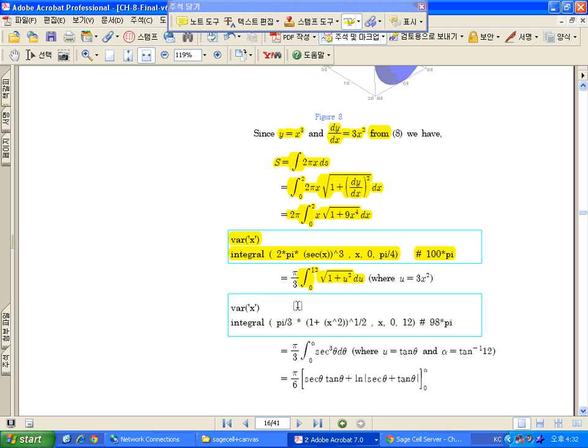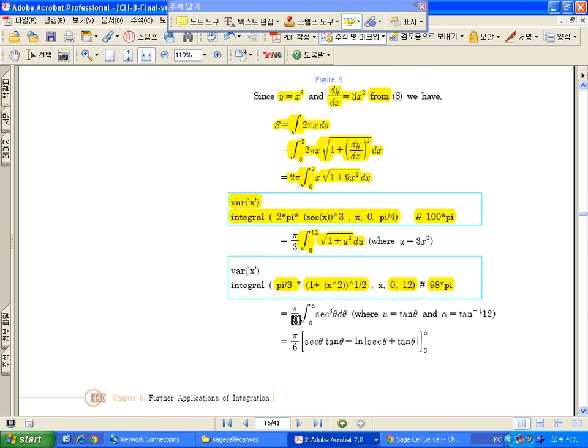Then we just use the Sage code to get the integral of this function, the square root of 1 plus x squared from 0 to 12, times pi over 3. Then we're going to have 98 pi.